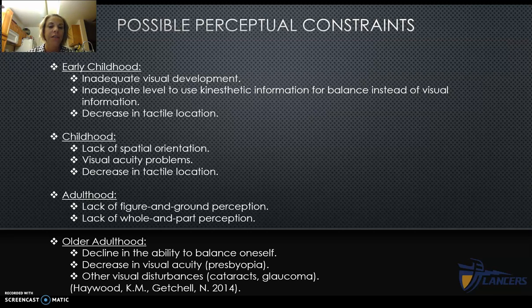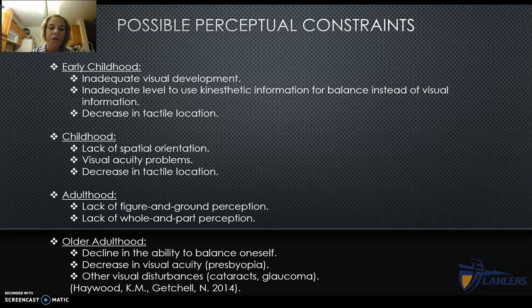In childhood, lack of spatial orientation, visual acuity problems, and then a decrease in tactile location as well. During adulthood, one is lack of figure and ground perception, and then lack of whole and part perception. So their perception of the ground and the area around them is lacking.